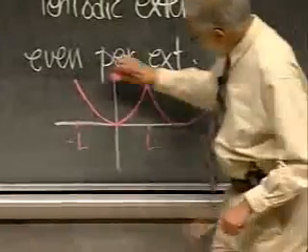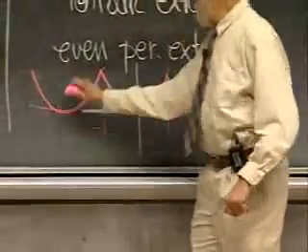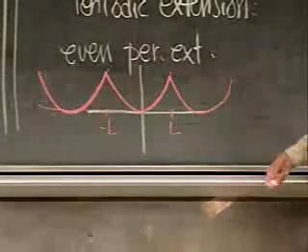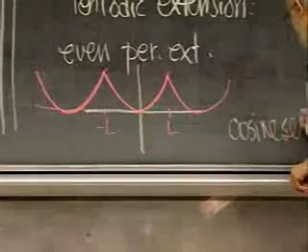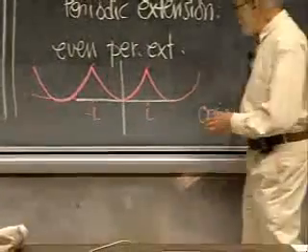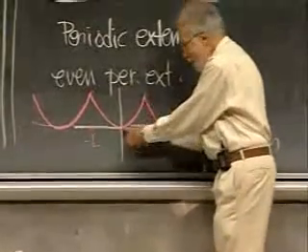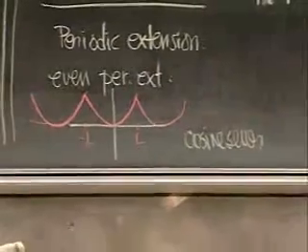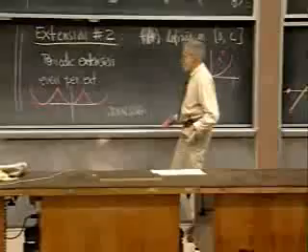Ta-da! In other words, apply the theory of Fourier series to this guy, use a cosine series because it's an even function, and then everything you want to do, you say, okay, all the rest of this is garbage. I only really care about it from here to here. And that's what you'll plug into your differential equation on the right-hand side. Just that part of it, just this part of it.